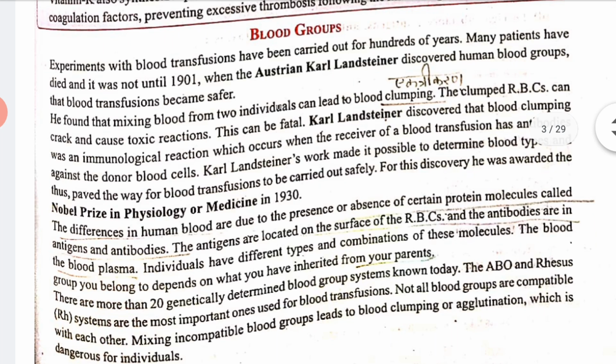Experiments with blood transfusions have been carried out for 400 years. Many patients died, and it was not until 1901, when the Austrian Karl Landsteiner discovered human blood groups, that blood transfusions became safer.